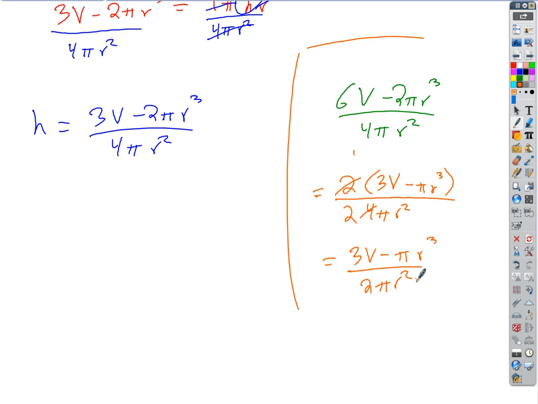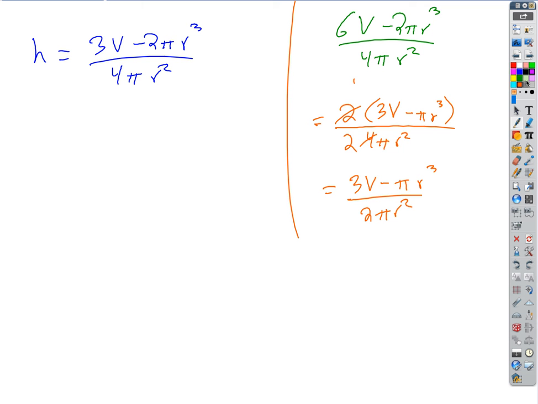Okay? If you don't want to do the factoring method, there is an alternative, though. We could just take this original fraction and, instead of having a common denominator, break it into 2 separate fractions, each having the denominator 4 pi r squared.